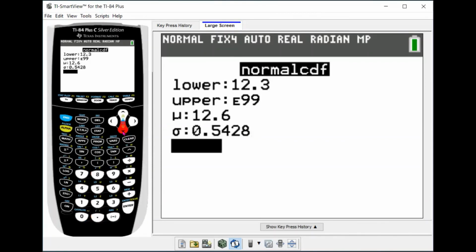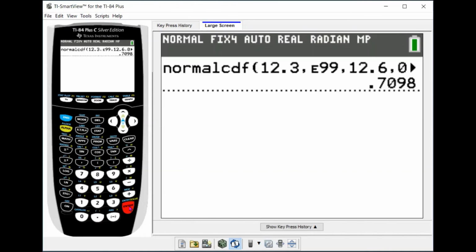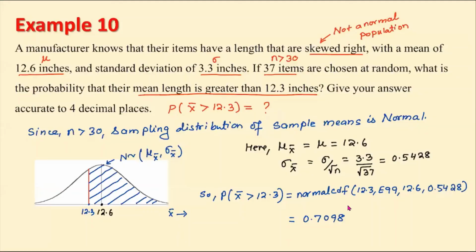When you paste this, it is exactly the same as what we have written on paper. When you hit enter, we get 0.7098. So the probability that the average length, or the mean length, is greater than 12.3 inches is 0.7098. That is the end of example 10 and also the end of this video.